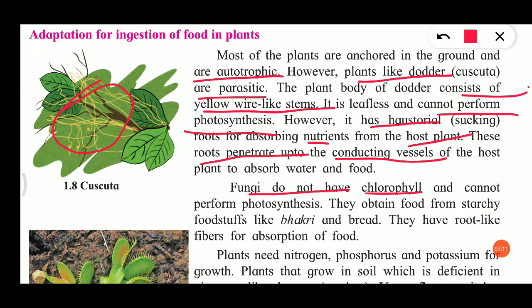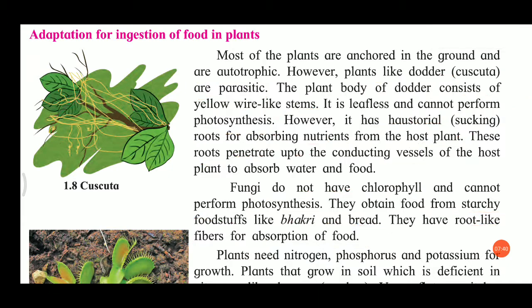They obtain food from starchy foodstuffs like bhakri and bread. They have root-like fibers for absorption of food from another food material. So we get two examples of organisms that cannot make their own food and therefore depend on another food material or another plant for their living.